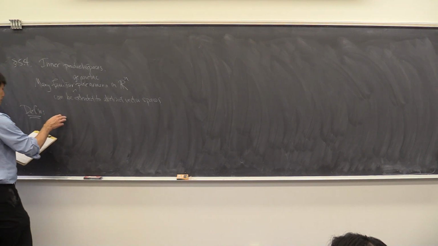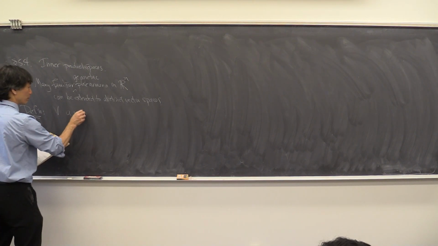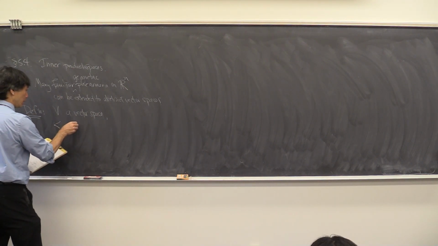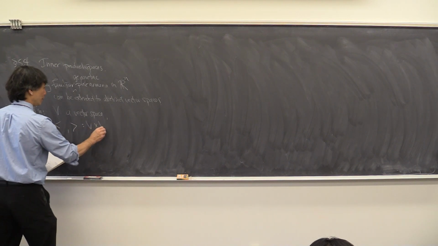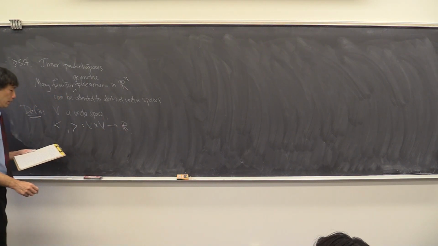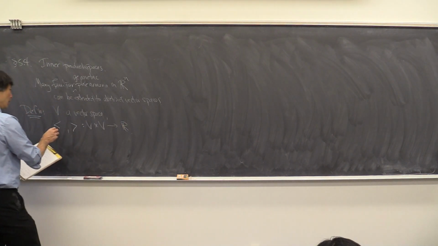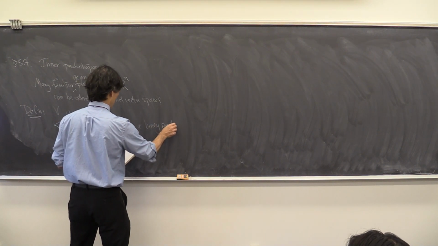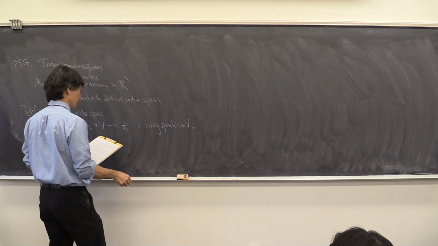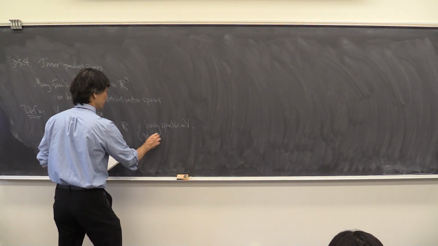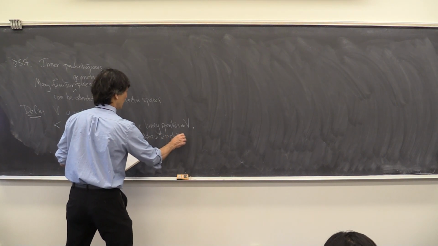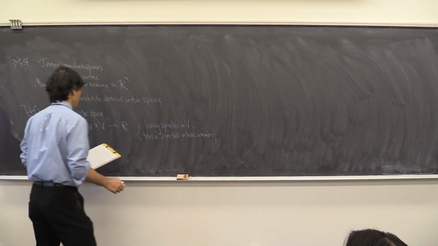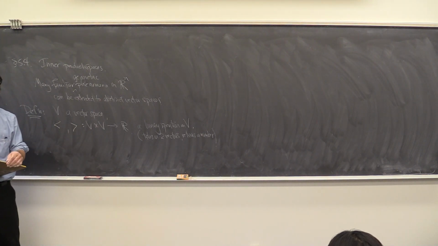Basically, it will have all the properties of the dot product that are necessary to generalize these things that we like. So suppose you have a vector space V, and then you have this thing going from V cross V to R. So you have what's called a binary operation on V. It takes in two vectors and returns a number.